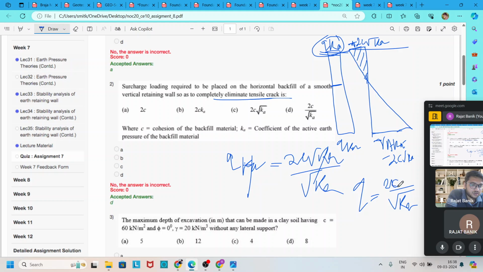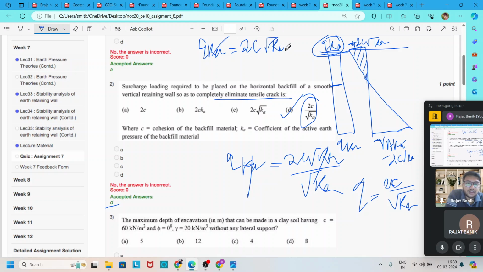So our correct option is option D, that is 2C divided by root over Ka. It is very simple to understand: just equate these two. The earth pressure due to the surcharge, Q Ka, equals the earth pressure due to the cohesion at the top surface, 2C root over Ka.